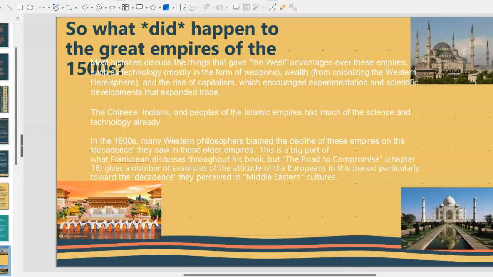In 1500, the Chinese, Indians, and peoples of the Islamic empires had that knowledge, but they never built on it. And as Harari would tell you, they never developed the capitalistic desire to build on it. Thus, they're not ready to deal with the new power and technology that Europeans have.